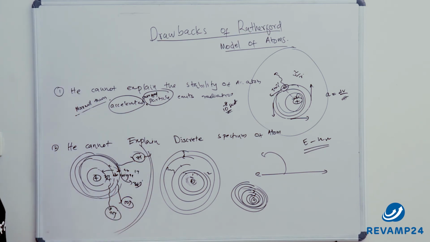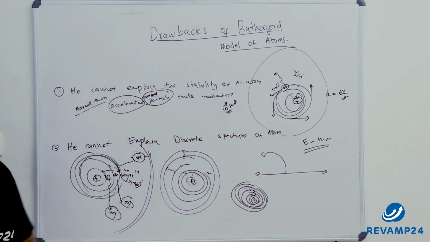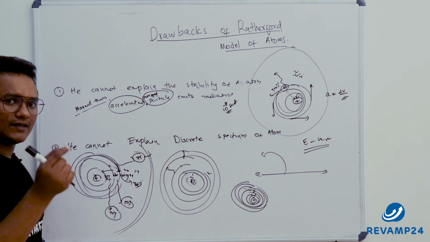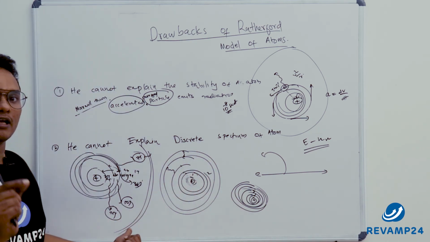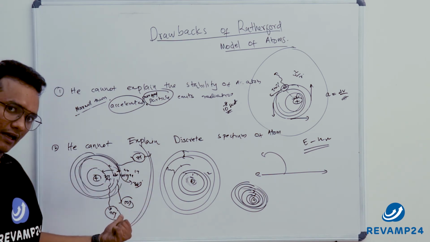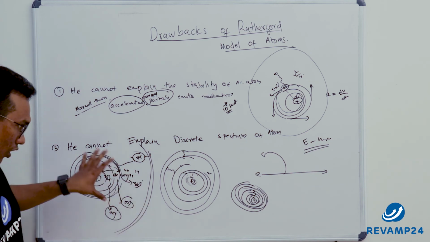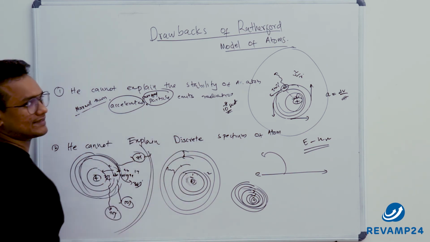But according to Rutherford, anything can be possible. From 100, if it is giving out 0.1, then it will go to a new orbit having 99.9 joule. If it is giving 0.2, then 99.8 joule. So all radiations are possible from an excited atom.